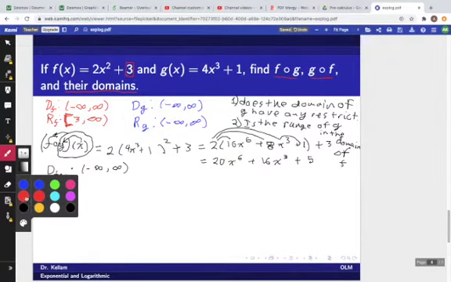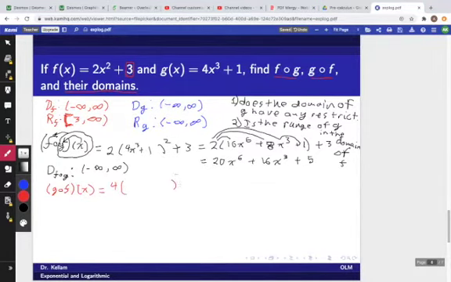Okay, let's find now g of f of x. What we are doing is we're taking f of x and putting it into g. So 4x cubed plus 1, where f of x is 2x squared plus 3.